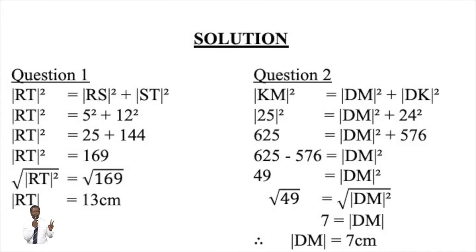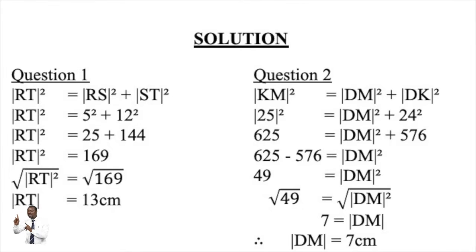The Pythagoras theorem from that question will be KM squared is equal to DM squared plus DK squared. From the diagram, KM was given as 25 and DK was given as 24.